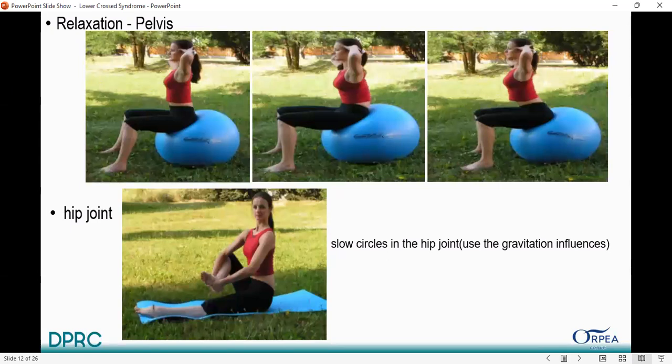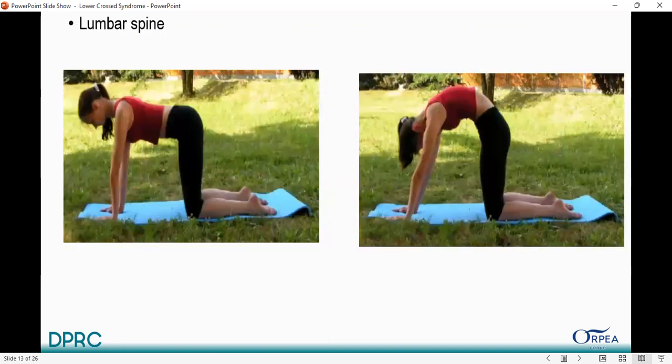Here I'm sharing some of the exercise pictures, not limited, but common exercise programs. They show relaxation for the pelvis using the physio ball, relaxation for the hip joint with slow circles using gravitational forces, and for the lumbar spine in cat-camel position.